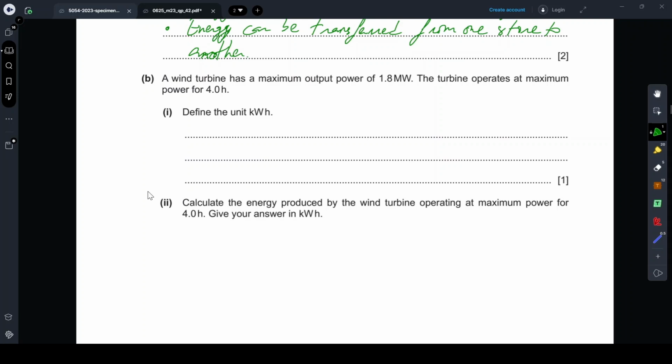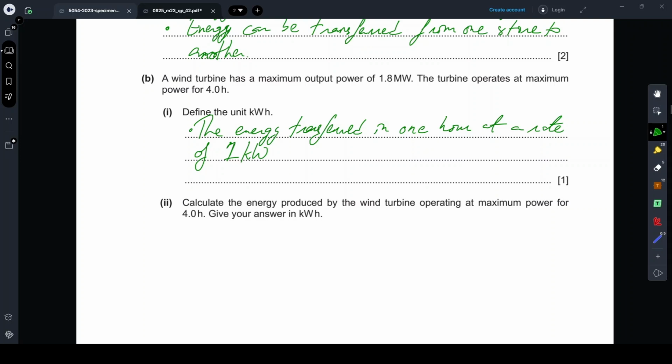So yes, it is the energy transferred by 1 kilowatt, in 1 hour, at a rate of 1 kilowatt.